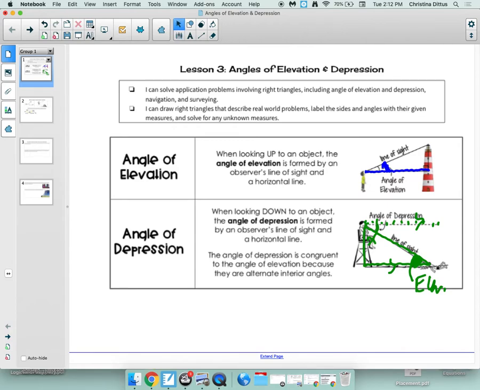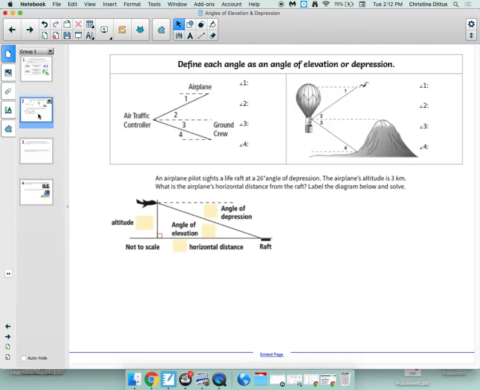Alright. So are we good with elevation versus depression? You think? Okay. Alright, so if I'm looking at this angle 1 here, and I'm in an airplane looking at, like, the traffic tower, is that an elevation or depression? Depression, because we're looking down. Also, it is below that horizontal line. If I'm looking at this angle 2, from the tower up to the airplane, is that a depression or elevation?